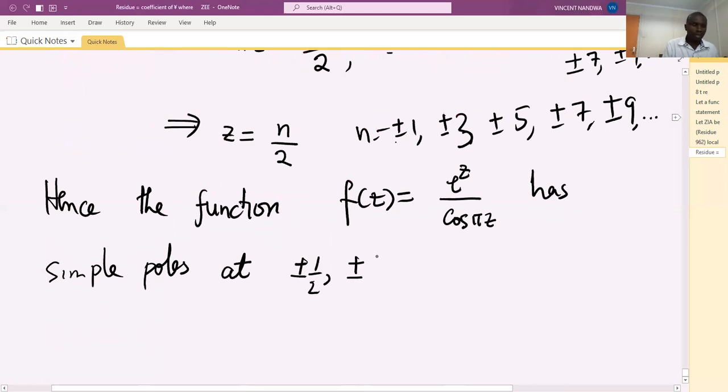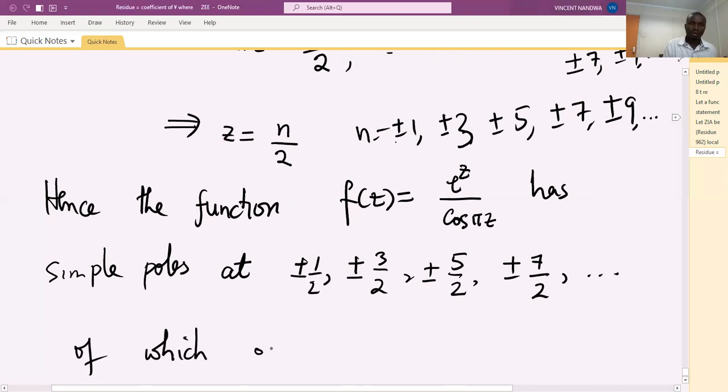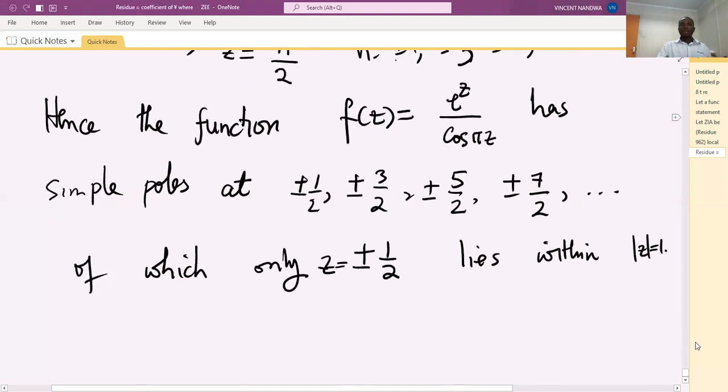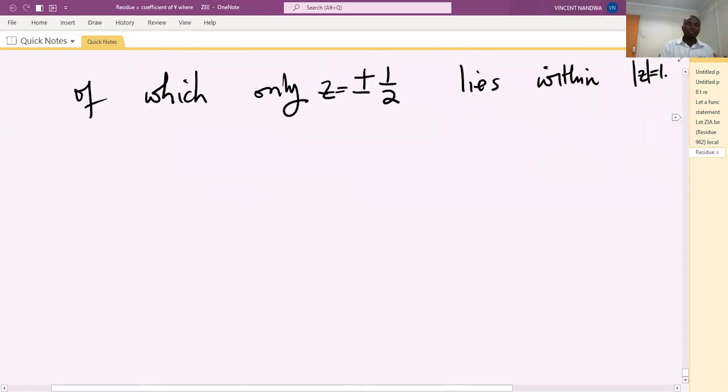Then plus or minus 3 over 2, plus or minus 5 over 2, plus or minus 7 over 2, etc. Of which only plus or minus a half, z equals plus or minus a half, lies within the unit circle. So then we calculate the residues at these poles.